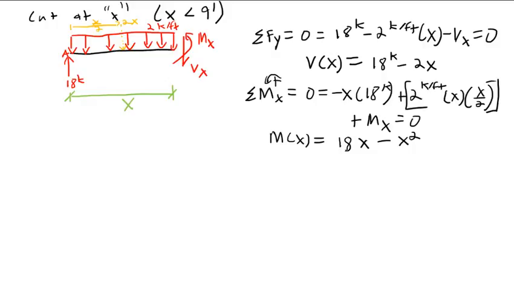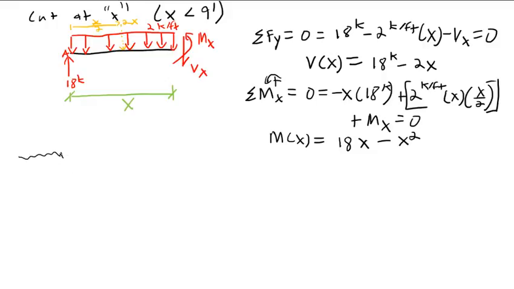Shear is the derivative of moment, and actually your distributed load is the negative derivative of shear. So if we have a downward distributed load of 2 kips per foot, it's the derivative of this. And we'll see that later on. We're doing the non-derivative method right now, not applying calculus techniques. Okay, so that's one cut.